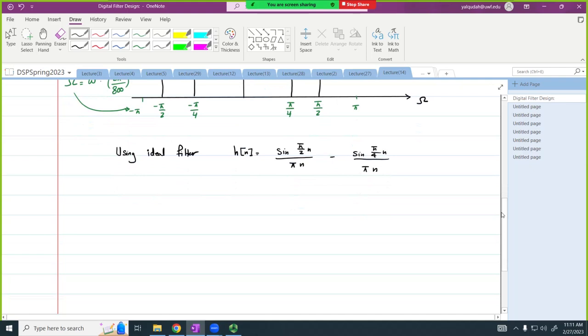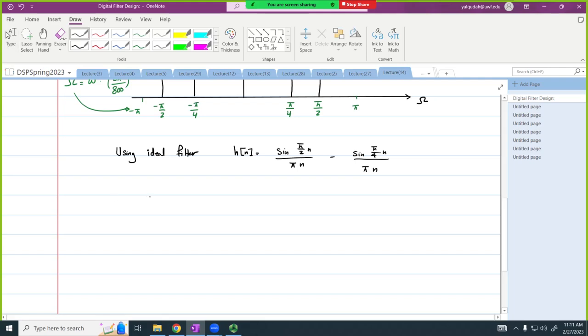So now that I have h of n, how can I implement this filter? Convolve it. Yes, I can convolve it. I can write the expression for this h of n, substitute different values of n, and get what the terms of that filter are going to look like.